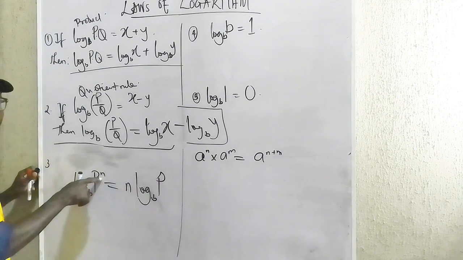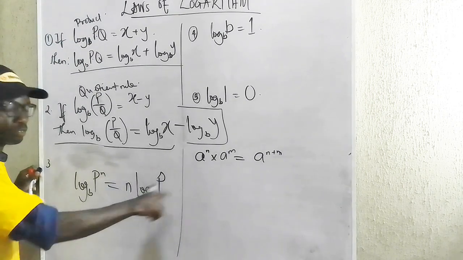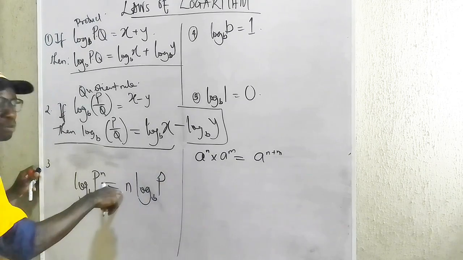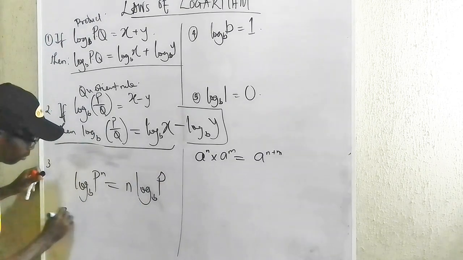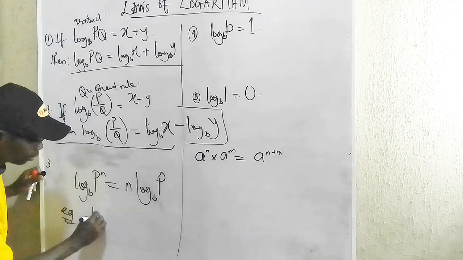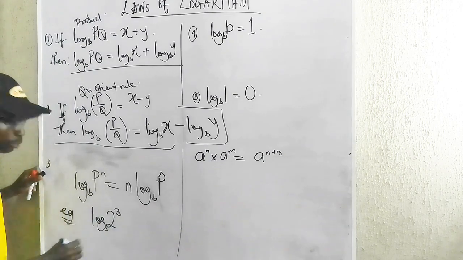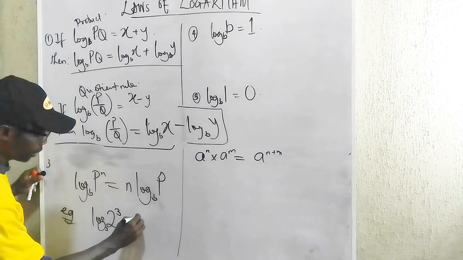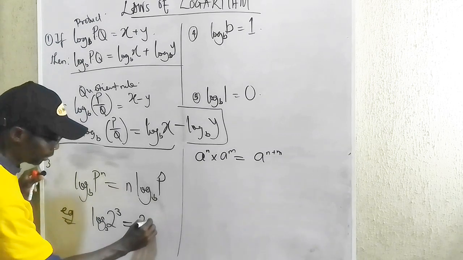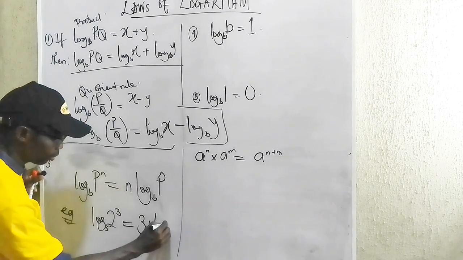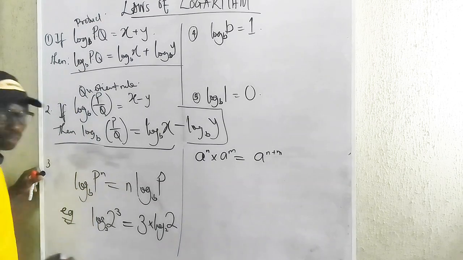So it's no longer going to be the power. By the time you want to make the log effective, this power will become a multiplication. So for example, if we have log of 2 raised to the power of 3, let's say this is base 2, this is going to eventually be 3 times log of 2.